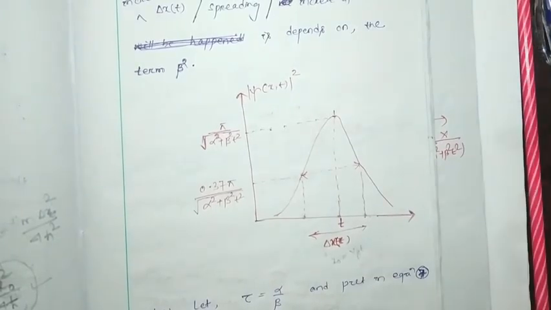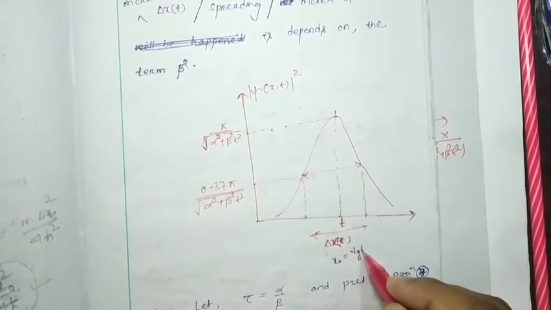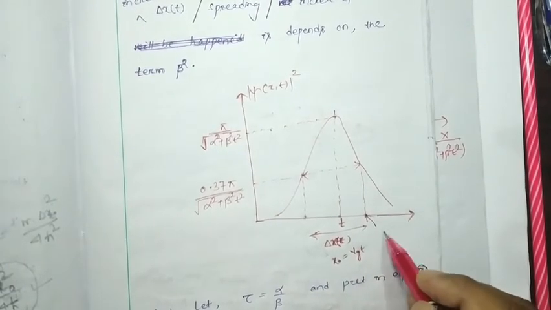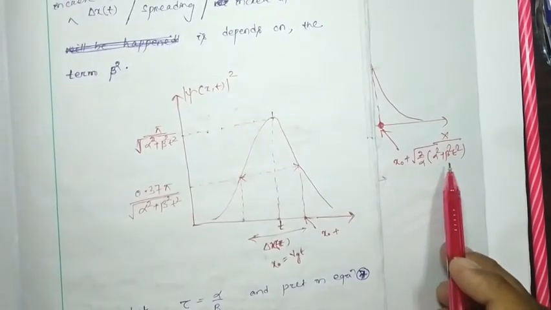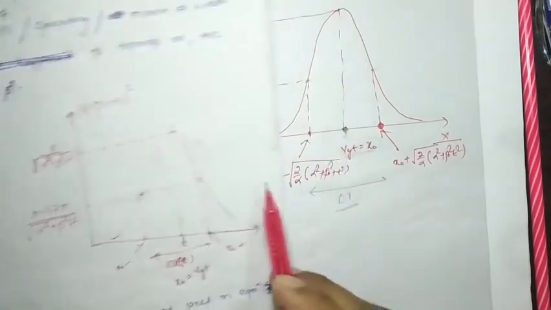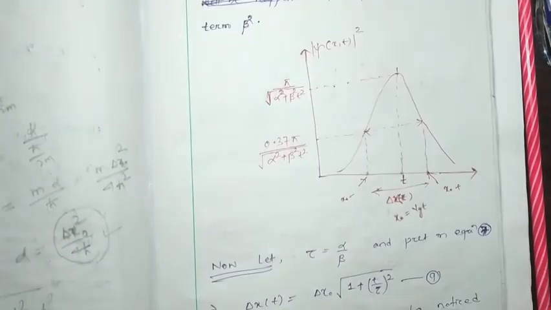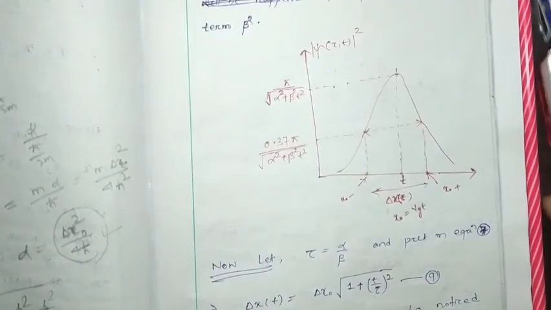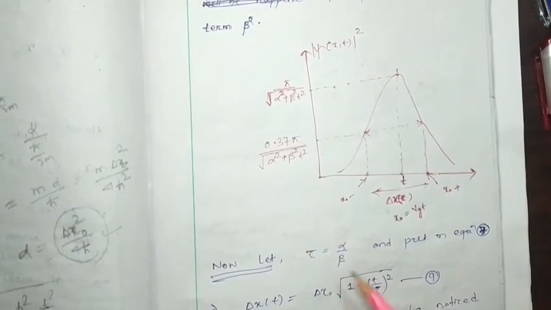This point will be x 0 vgt, and this point will be x 0 plus that factor, and this one x 0 minus this one, you can write. So this is the simplification, further simplification we have substituted the factors, nothing else.